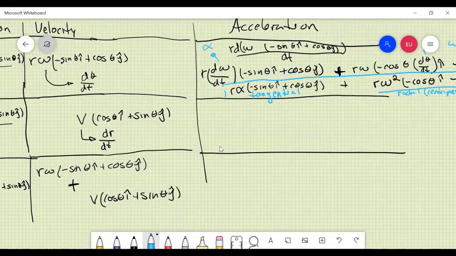Okay, let's carry on. Now I need to derive this one with respect to time. If I derive that with respect to time, the only thing that is changing is this bit. So it will be that with respect to time times the same orientation.